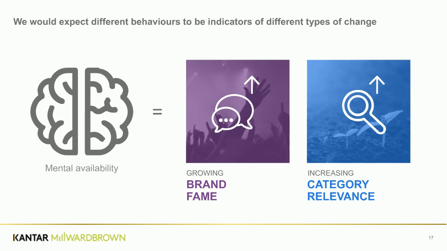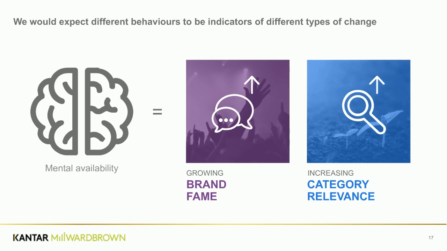Whereas if a brand is associating itself with different things, we wouldn't necessarily expect it to be talked about more, but we might expect it to be occurring more in behaviours that indicate interest. So, like searches, if you think about what's happening when someone inputs a brand name into a search box, there has to have been some need or question to which that brand was potentially going to be the answer in order for them to have searched about it.